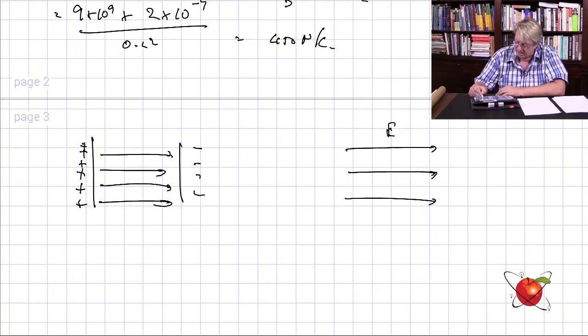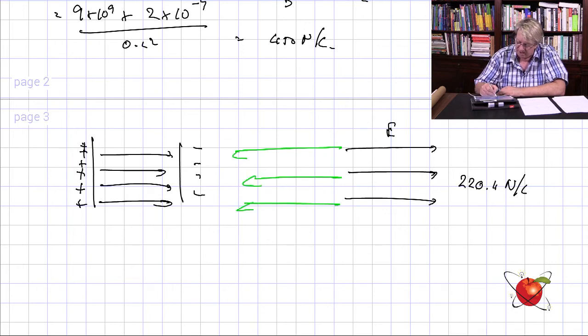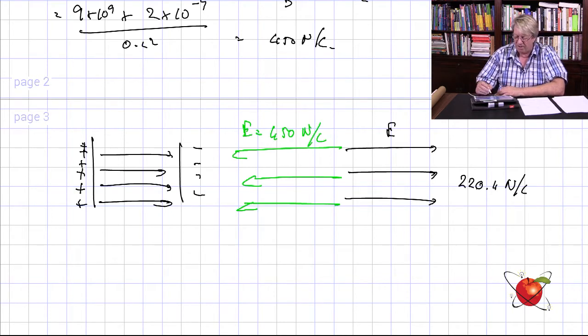So we've got an electric field strength that way of 220.4 newtons per coulomb, and, let's just change the color, it might make it easier, we've got an electric field strength this way over here, E equal to 450 newtons per coulomb. So they're in opposite directions. Now, an electric field strength is a vector, but it doesn't matter if you know that or not.